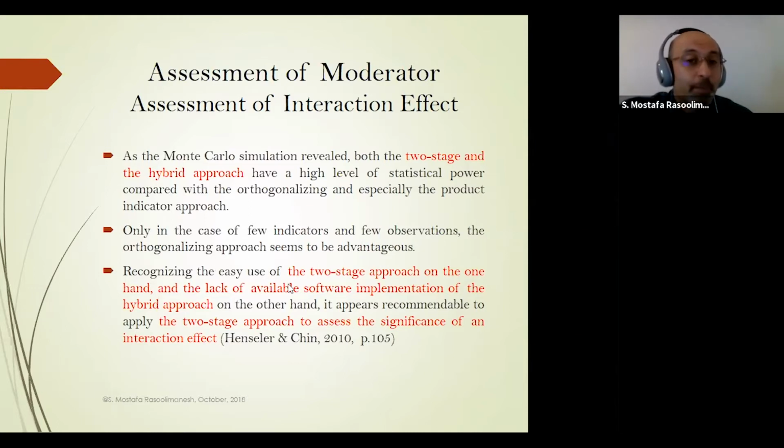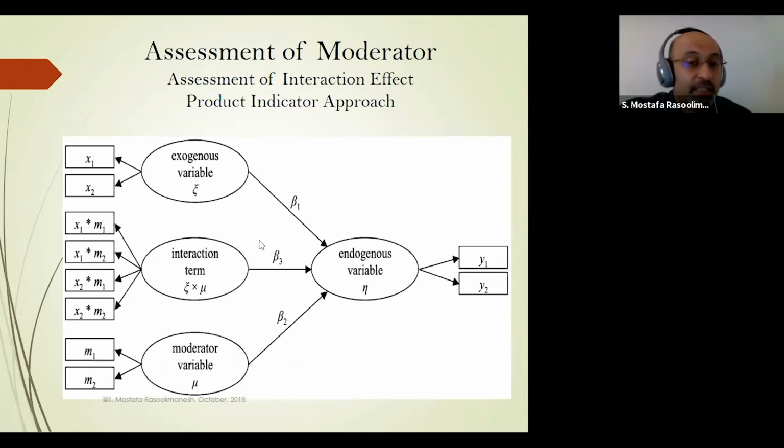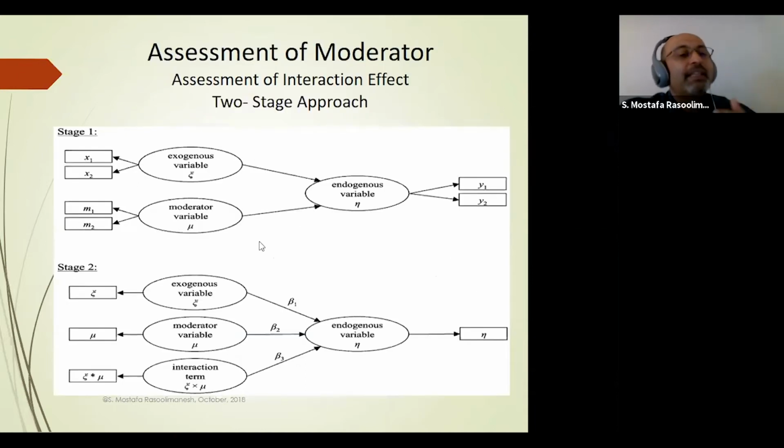It is different from the two-stage and the product indicator approaches. But the final product of all these approaches is the interaction effect, and what we need is to create it because we want to assess the significance of beta 3.